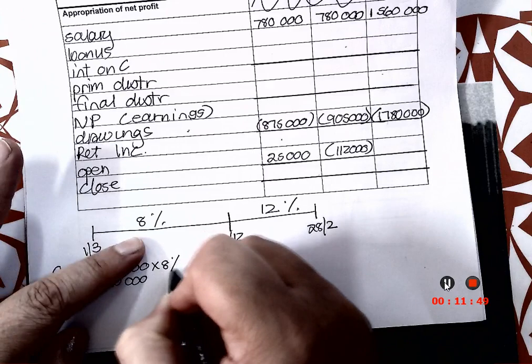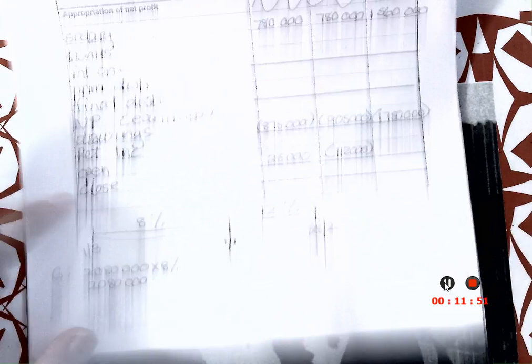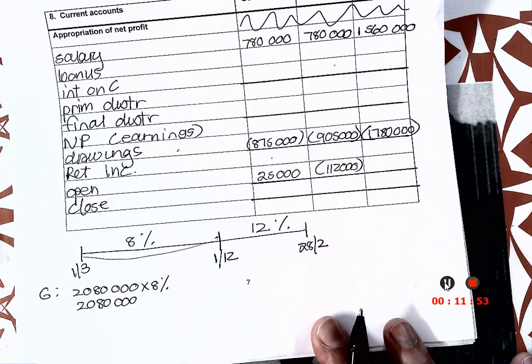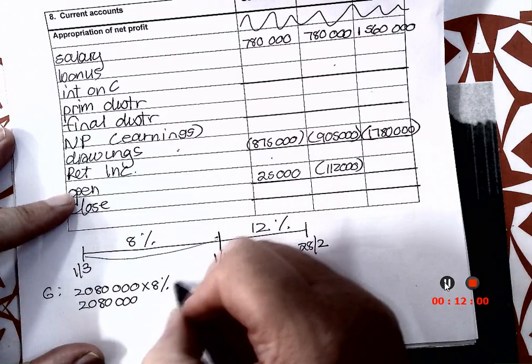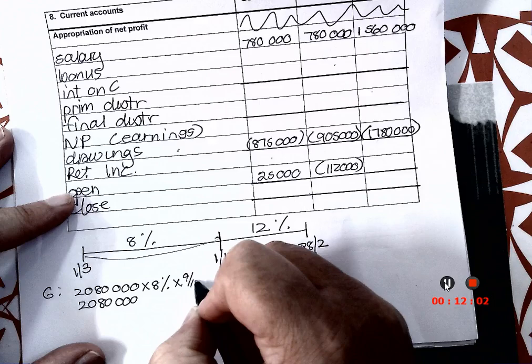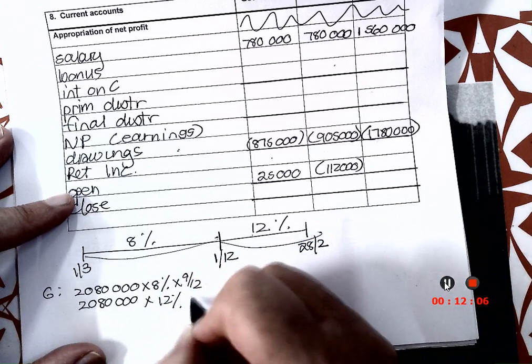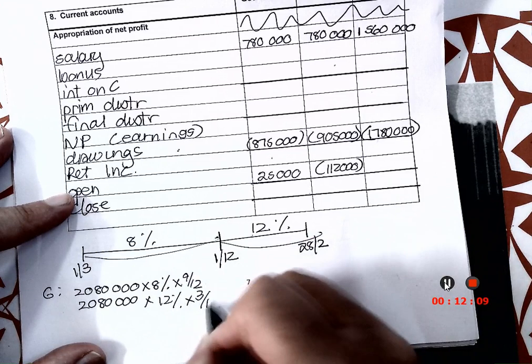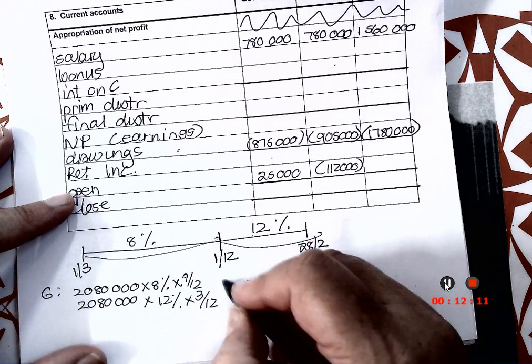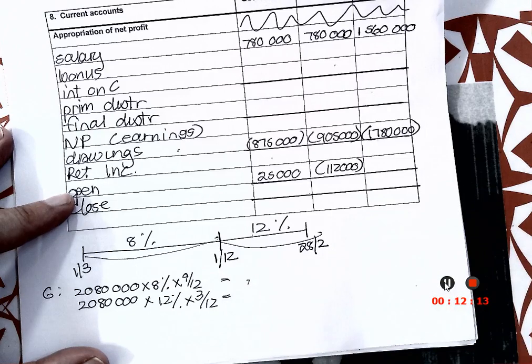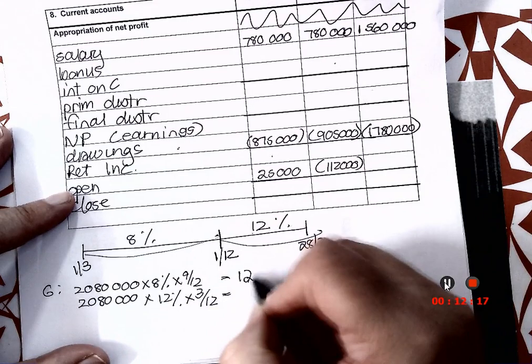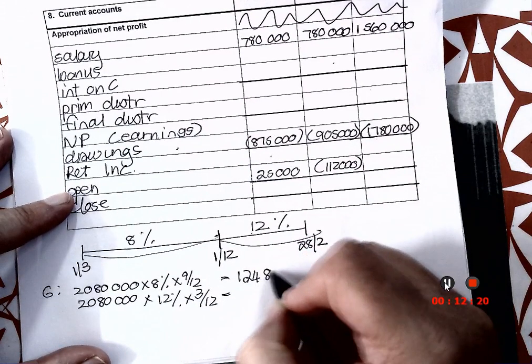Because I have to work 8% for March, April, May, June, July, August, September, October, November, 9 months. And I need to do the 12% for 3 months: December, January, February. Okay? So what does the first one give me? 1, 2, 4. And the second one?